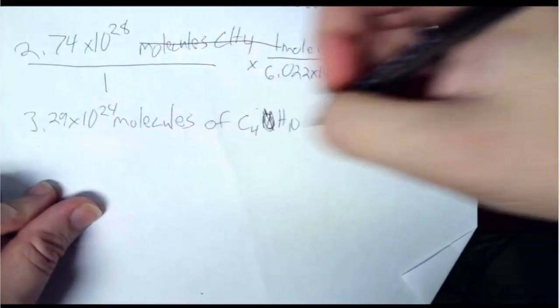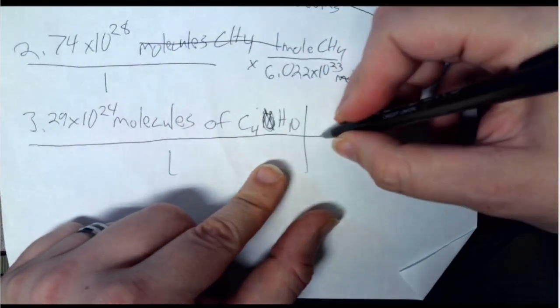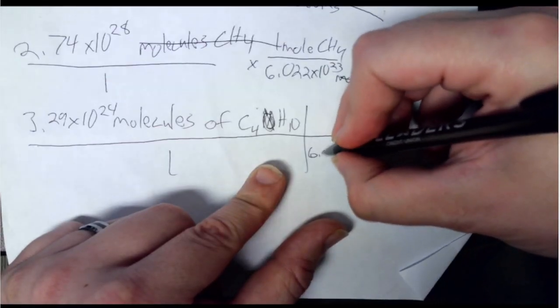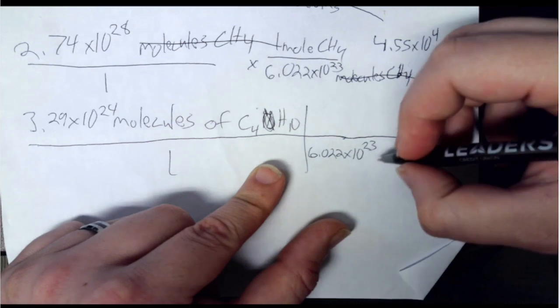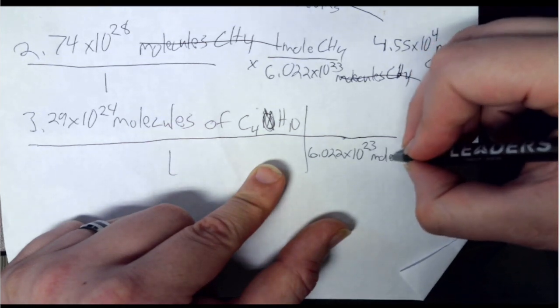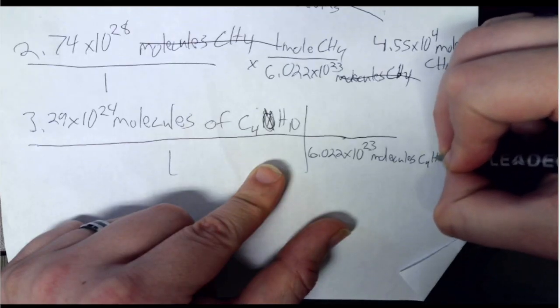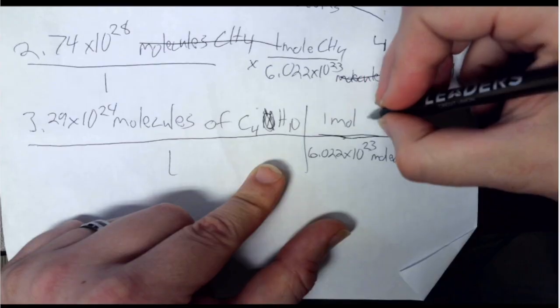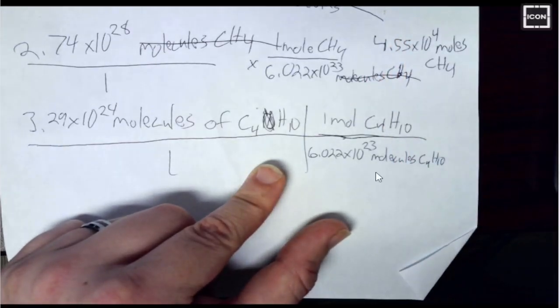If I have this many molecules of butane, how many moles of carbon would I have? So step 1 is to convert this into moles of butane. Well, we have 6022 times 10 to the 23rd molecules of butane and 1 mole of butane.